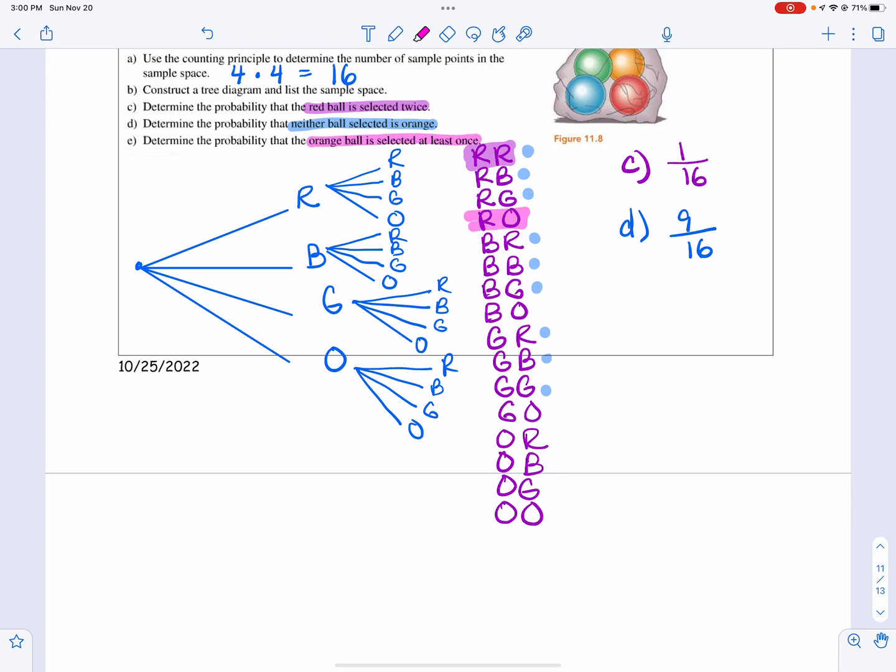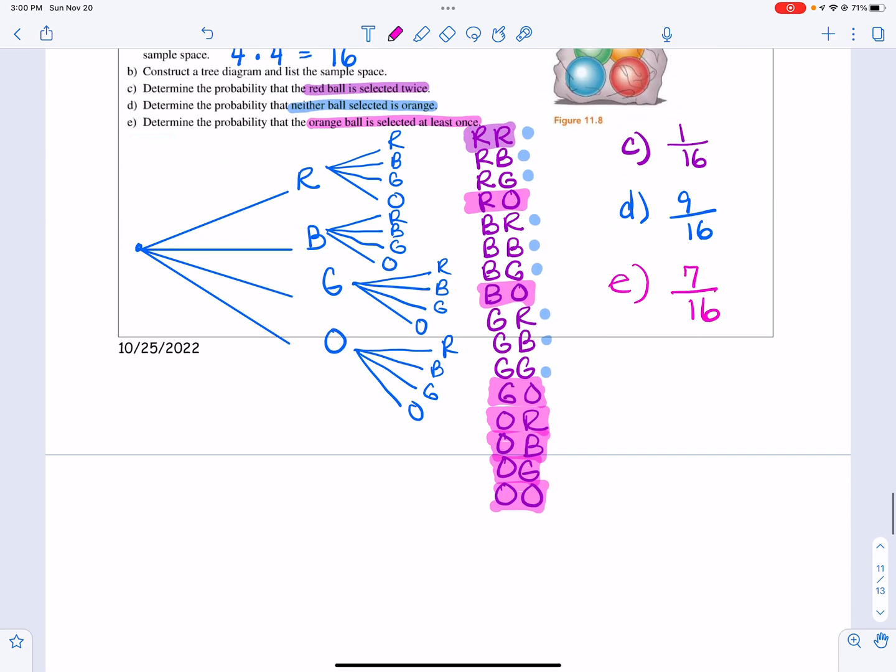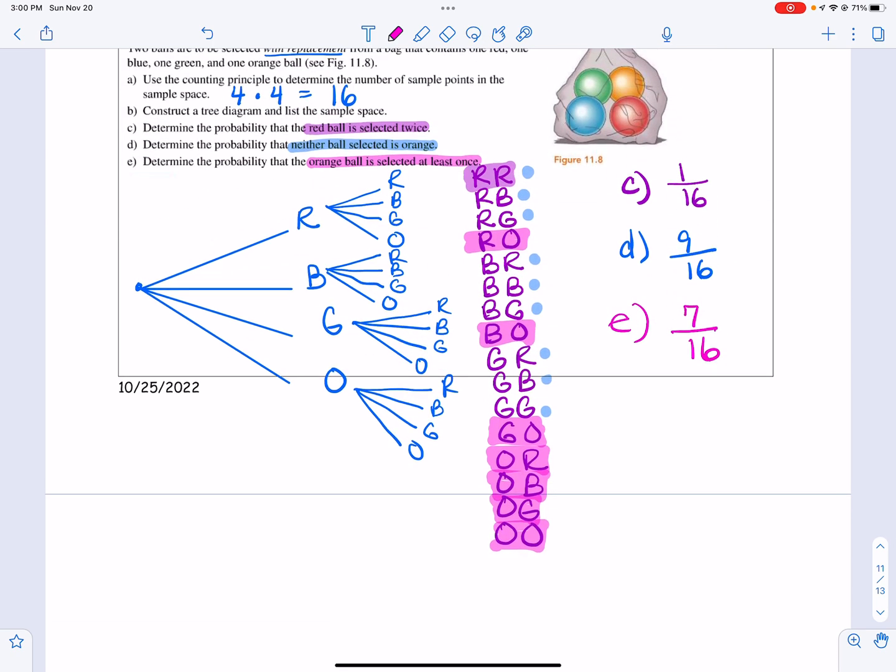So red and then orange, blue and then orange, green and then orange, and then all of these fit into that category. So part E, the probability of at least one orange is 7 out of 16. And that finishes 11.4 in Math 103.